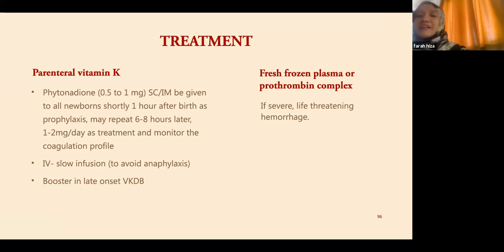For late onset vitamin K deficiency bleeding, it is recommended to give a booster of vitamin K. In severe or life-threatening hemorrhage, it is more recommended to give fresh frozen plasma or prothrombin complex, as it has a quicker onset compared to vitamin K. Okay, I think that's all.